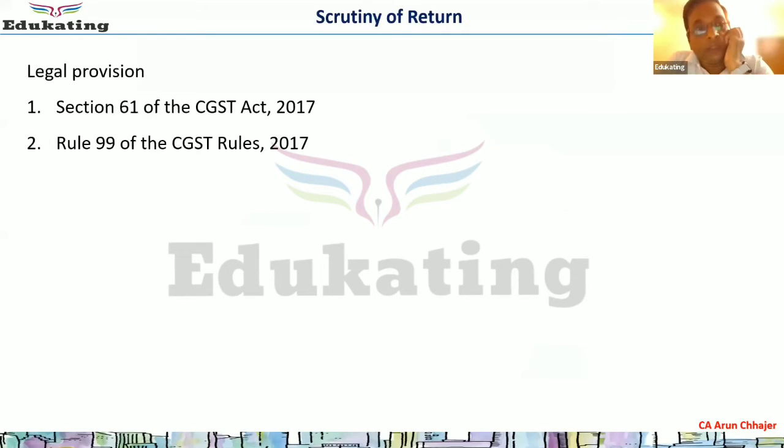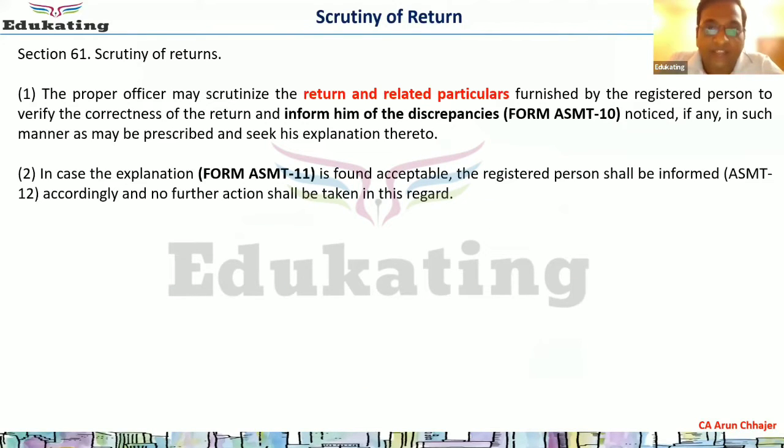We all know that Section 61 is the legal provision which says the proper officer may scrutinize the return and related particulars furnished by the registered person. It can be GSTR 1, GSTR 3B, GSTR 2A, 2B, GSTR 7, GSTR 8. It could be e-way bill, e-invoicing, 26AS. Whatever particulars have been furnished by the taxpayer, he verifies the correctness of the return and informs him of the discrepancy.